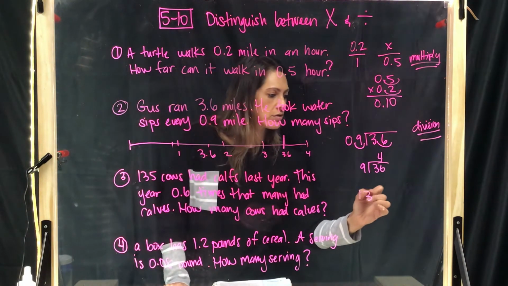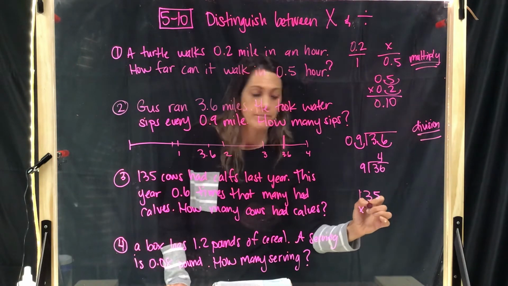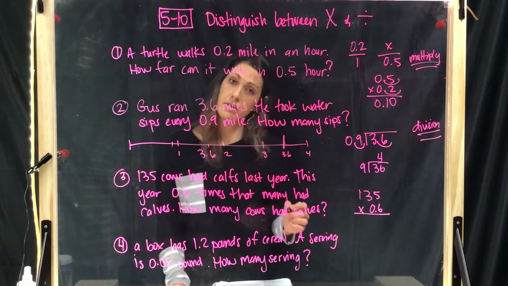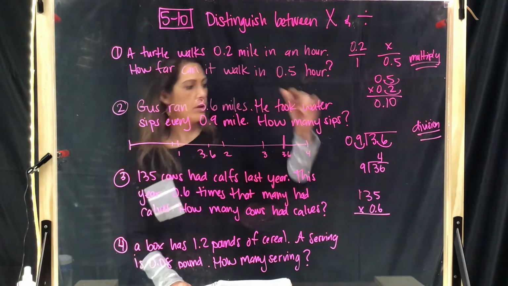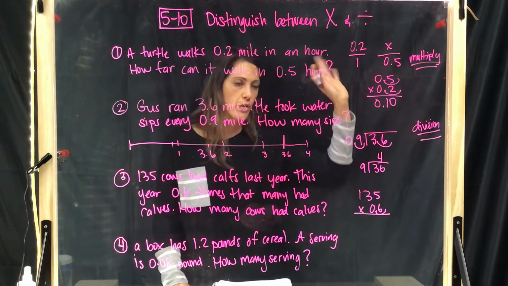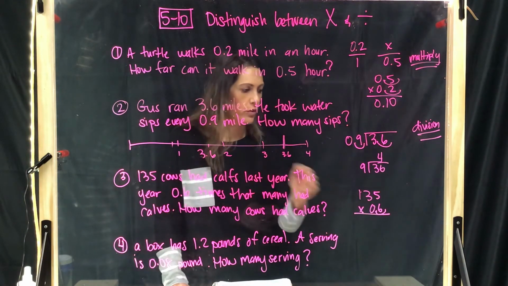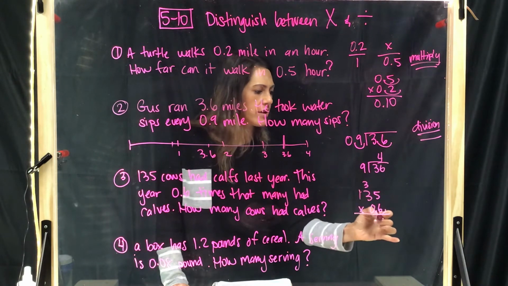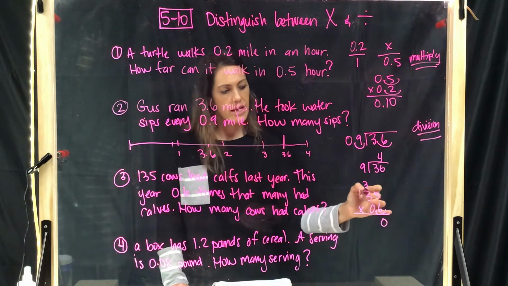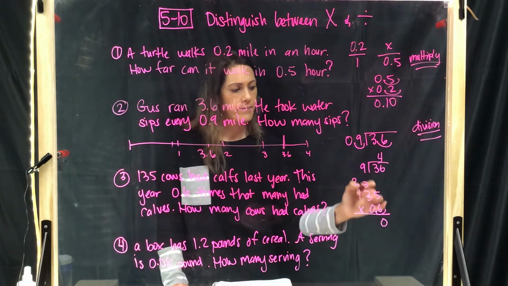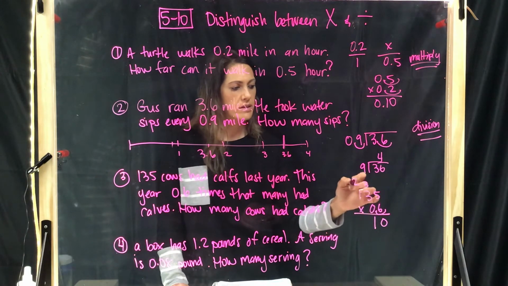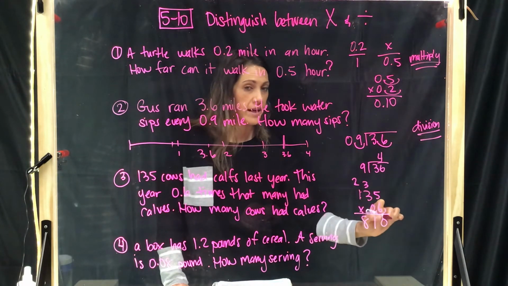So I'm going to take my 135 and I'm going to multiply it by 0.6. And when I multiply decimals, I send them to decimal island. So it's over there, 1 move, and I'll have it come back in 1 move. So 6 times 5 is 30. 6 times 3 is 18, 19, 20, 21. 6 times 1 is 6, 7, 8. And then I get my decimal back in.